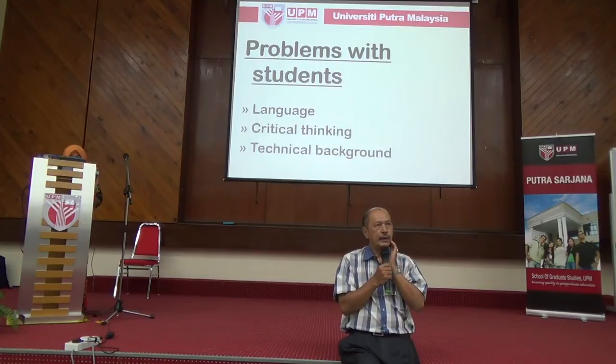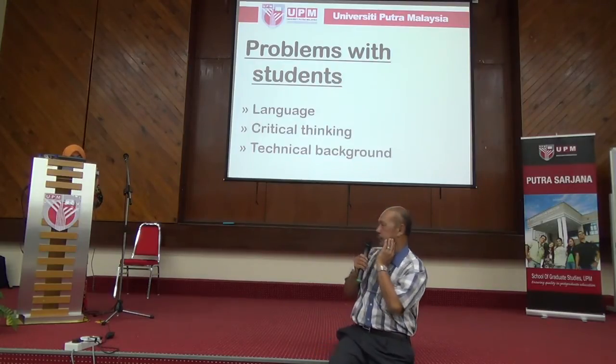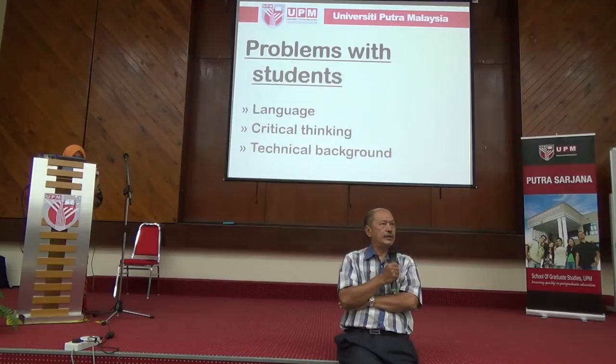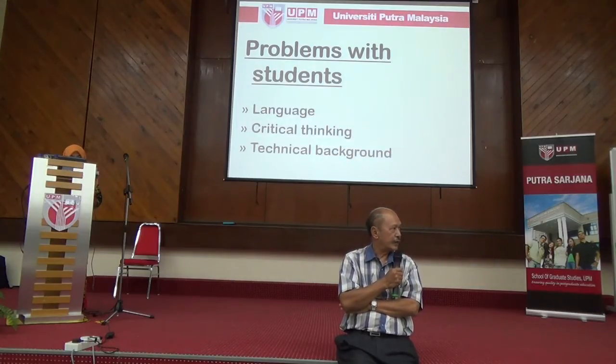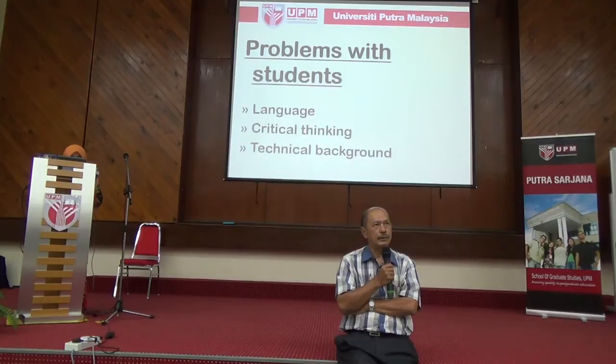Then the other problem is your background. We have students who come here with a social science background, but they want to do Masters or PhD in biological sciences. Big problem, so we do not allow. People like to shift fields.